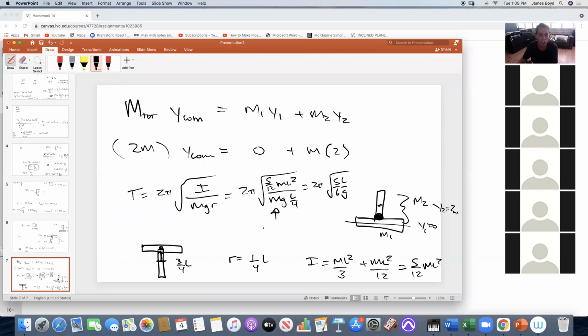This M is 2M because it's both of them, the weight of both of them at the center of mass. So that ends up being 2 times pi times square root of 5 times L is 20 divided by 6 times 9.8. And that is 3.66 like it should be. Sorry about that.